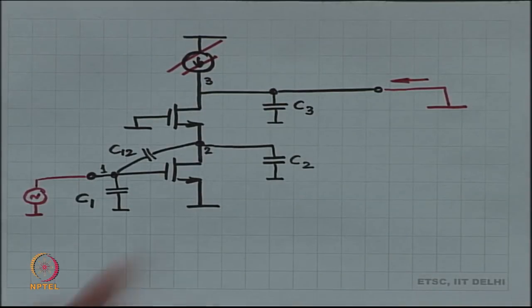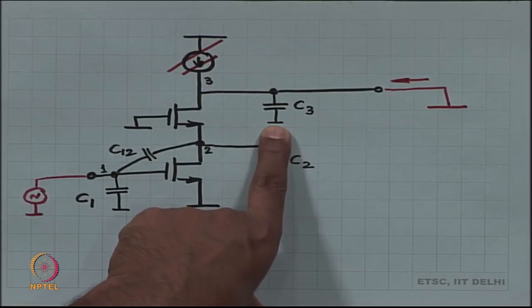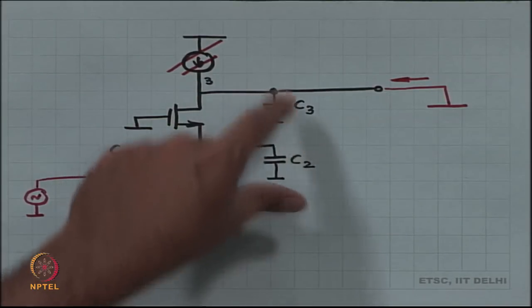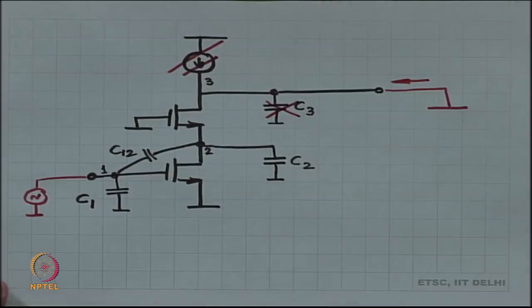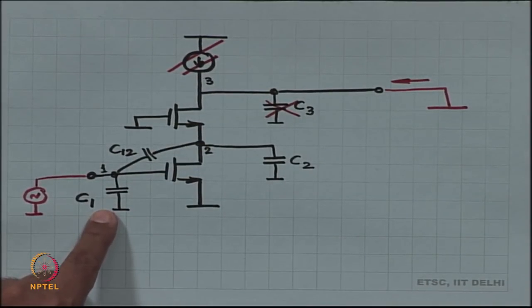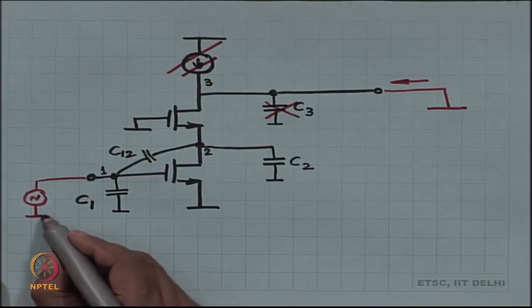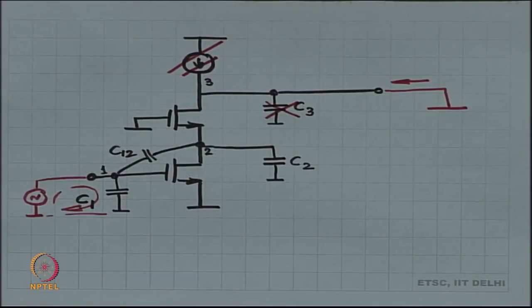Now, C3 is out. It cannot take any current anyway. Both sides of C3 are at ground, so C3 is not going to come into my equations at all. What about C1? C1 is going to take current, but this is some private loop between the voltage source and C1, a loop of its own.